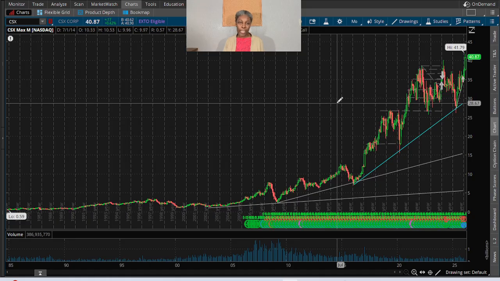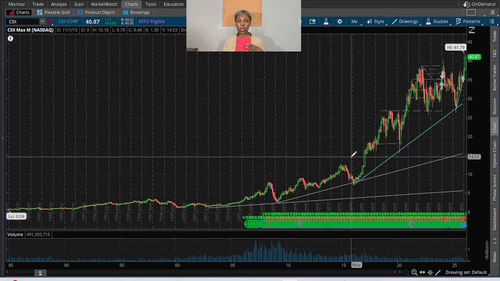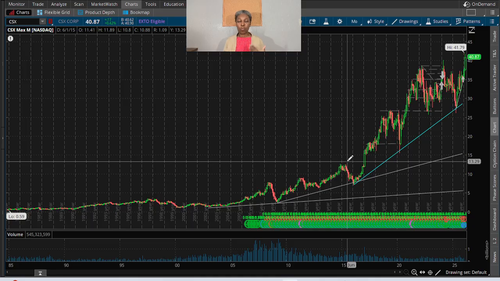Those dotted lines are years. One of my filters to select stocks is that the stock needs to have been publicly traded for at least 15 years.